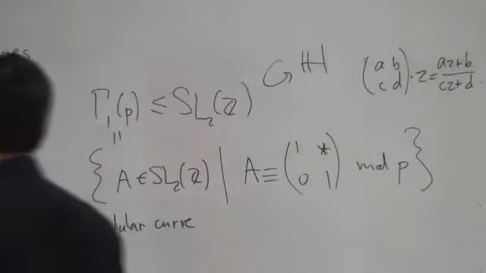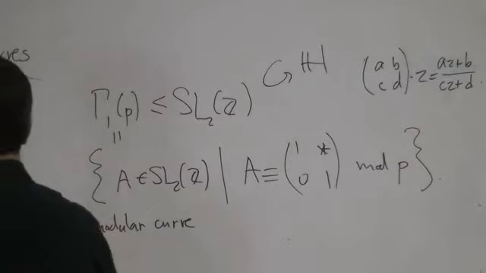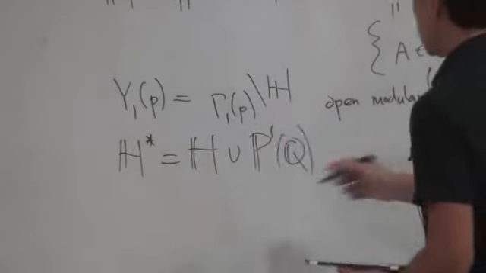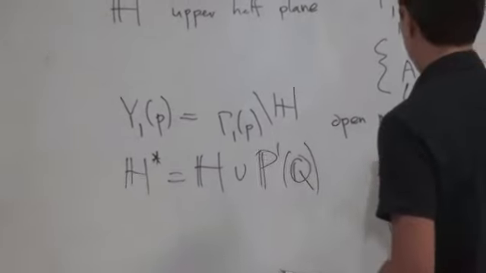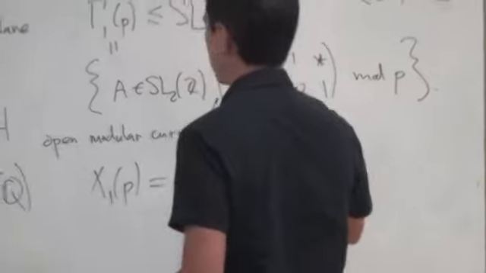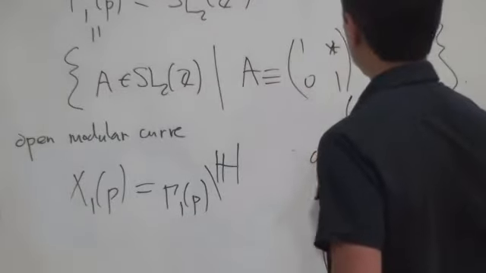So we take the quotient. That's an open modular curve. And if we extend the upper half plane by throwing in the points in Q and a single point at infinity, then the same formula essentially gives you an action on this. So we can consider the quotient, and this is the closed modular curve, and this is a compact Riemann surface.